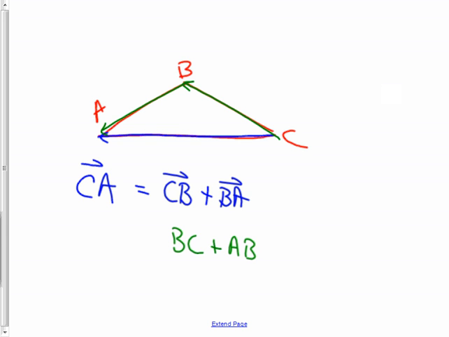BC, which is this guy, plus AB, which is that guy. Remember, we have to do them in just the right order. BC plus AB. Yeah, that's way over here. That's nowhere near the same. Okay.